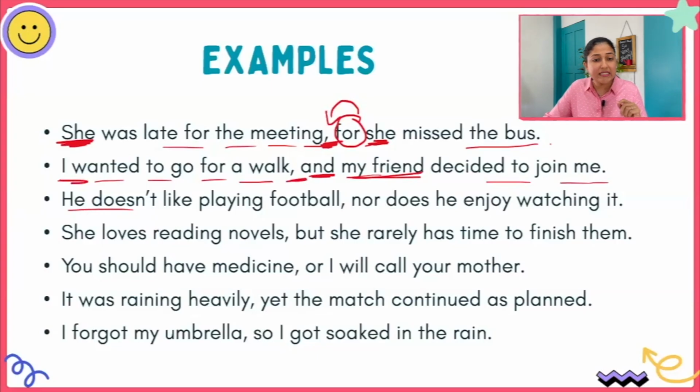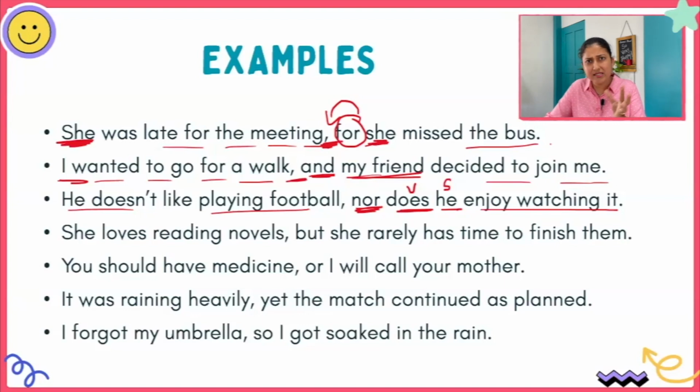Further, he doesn't like playing football, nor does he enjoy watching it. Look at this, this is the verb and this is the subject. So the order is changed. Verb is coming before subject. This is called inversion. Hold on, we'll understand the concept of inversion altogether in a different lesson.